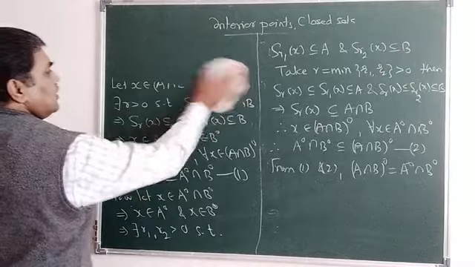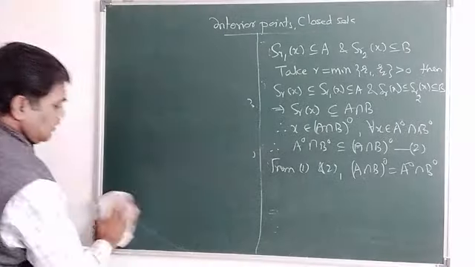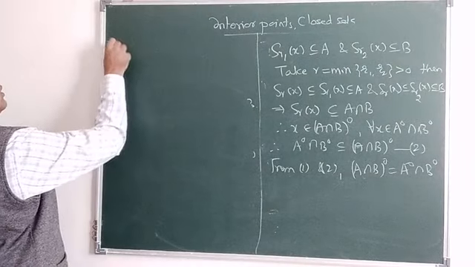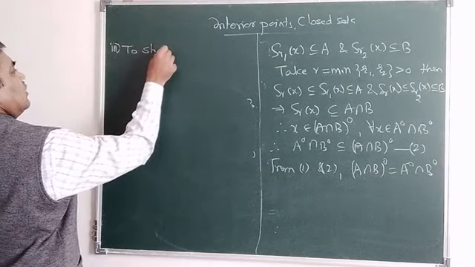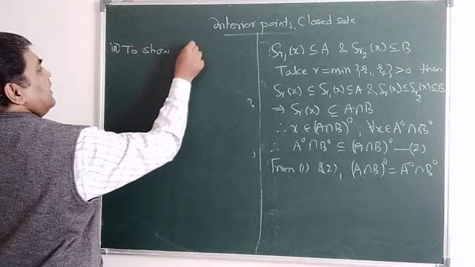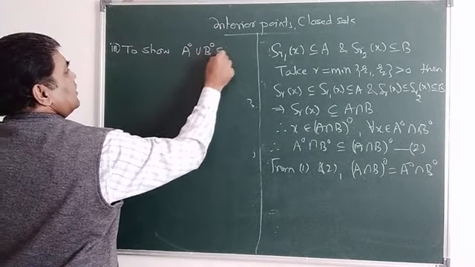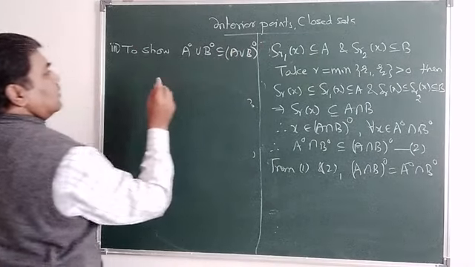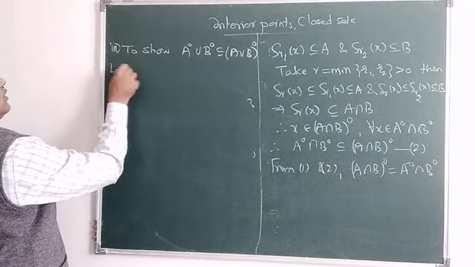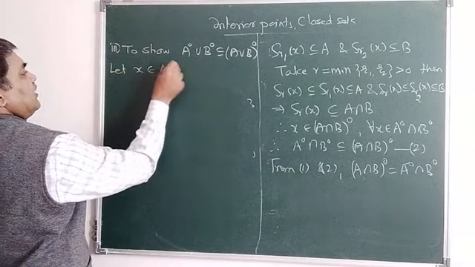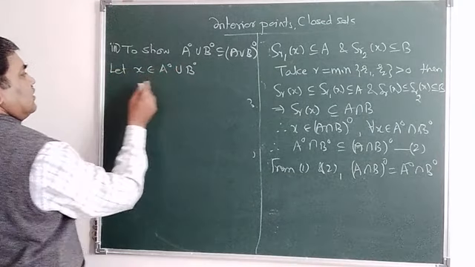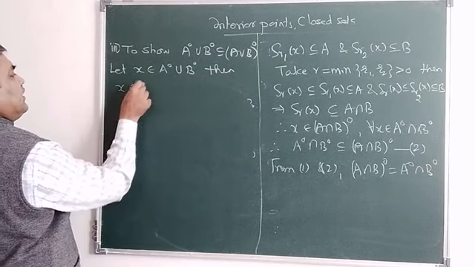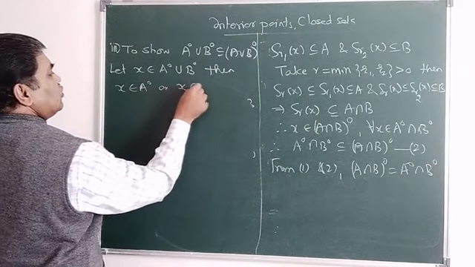Now, thirdly, what is our third claim to show? A interior union B interior is a subset of (A union B) interior. So let x belong to A interior union B interior. Then x belongs to A interior or x belongs to B interior.